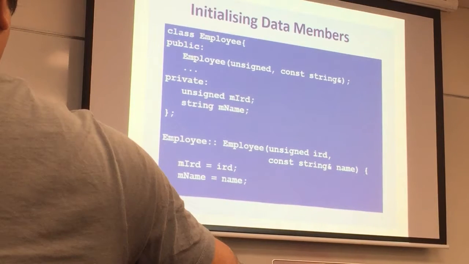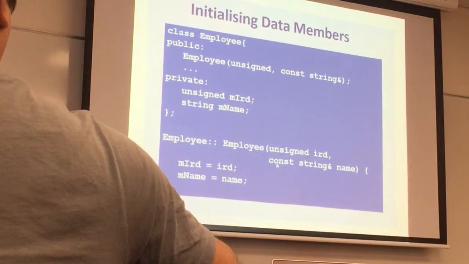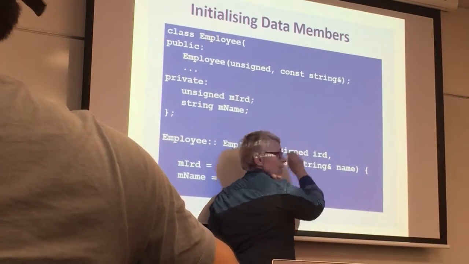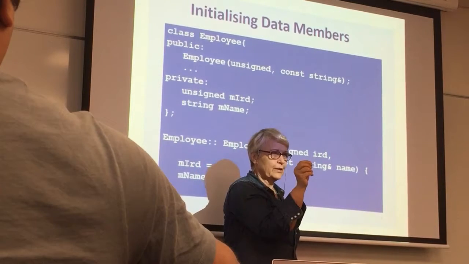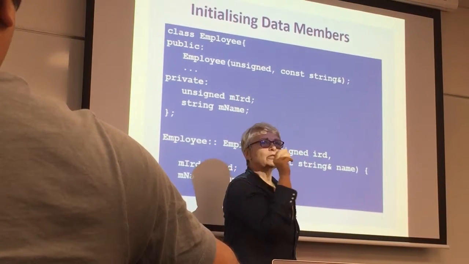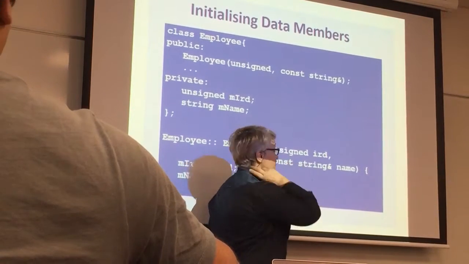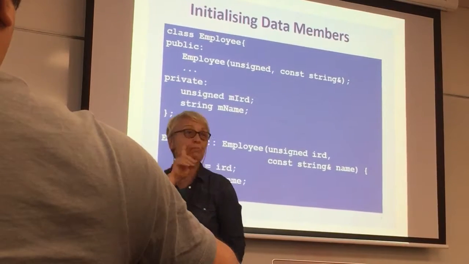You don't copy data. So be aware, this is the way to pass non-primitive types. Do not bother to pass a primitive type by constant reference. This tells the reader of the code you don't know what's going on. Constant reference for primitive types has the same efficiency as pass by value.